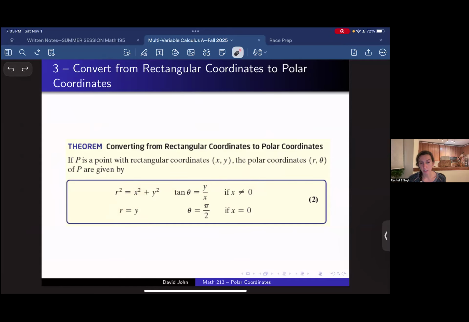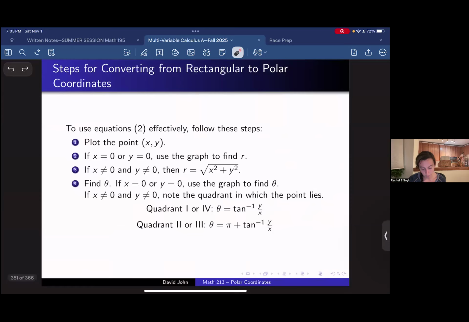And then we have a nice quadrantal angle at 90 degrees. Theta is equal to pi over 2. Okay. These are the steps for converting from rectangular to polar coordinates. We have to use the equations effectively. We want to follow these steps.